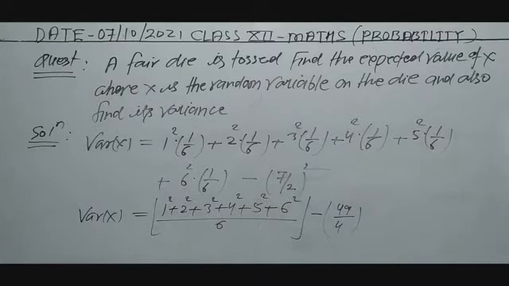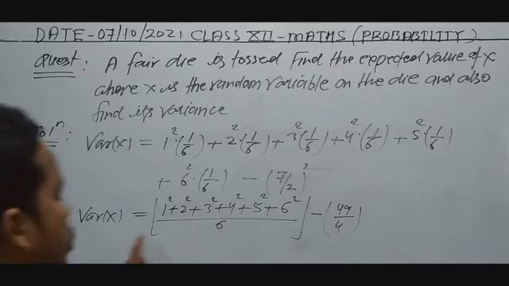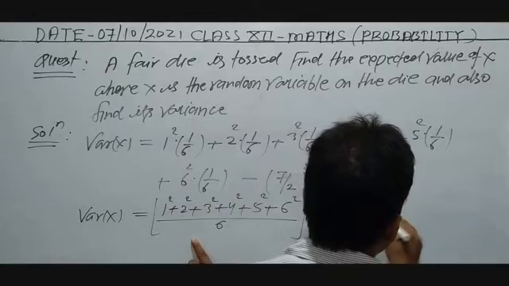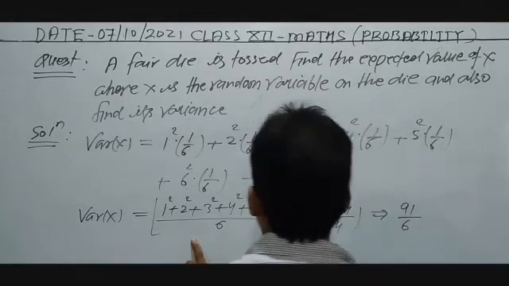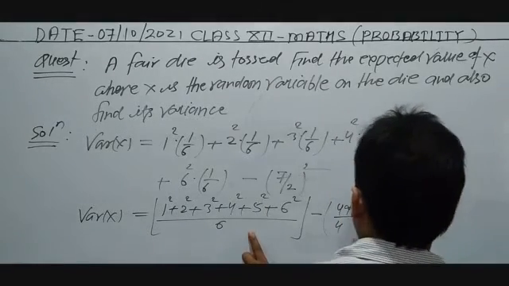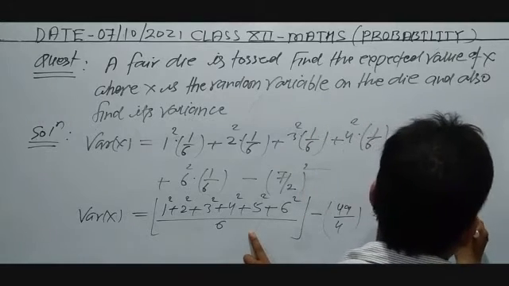Now see, when you calculate, what will be its result? Its result will be 91 by 6 minus (7 by 3) whole square. This calculation is 91 by 6 minus 49 by 4.